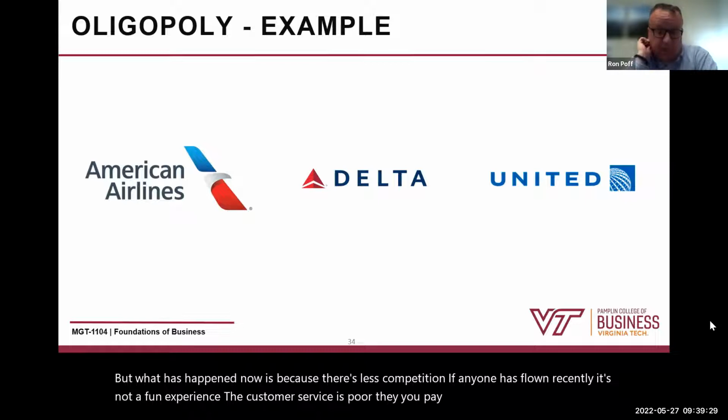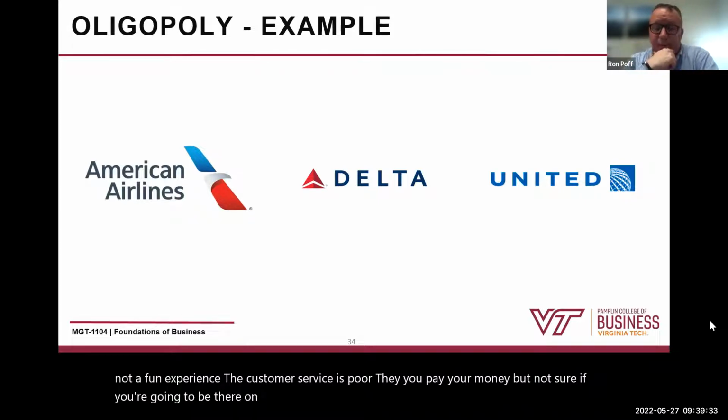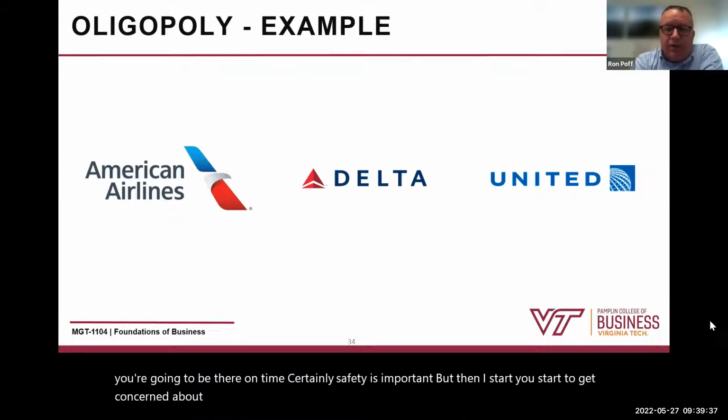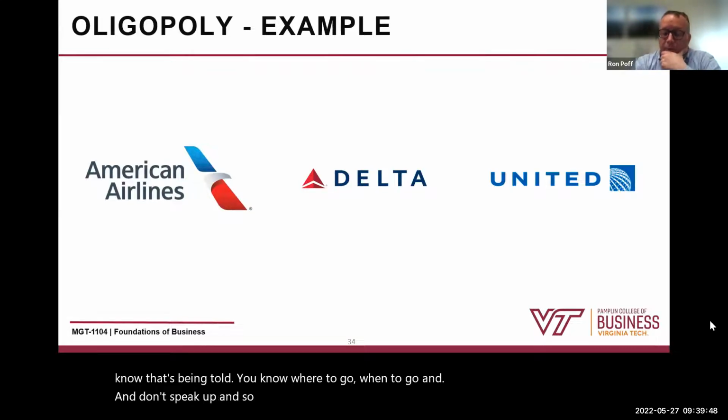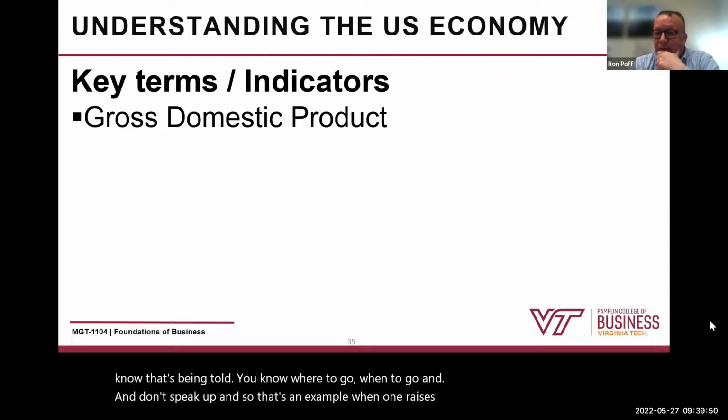You pay your money, but not sure if you're going to be there on time. Certainly safety is important, but then you start to get concerned about that. And if anything, you just feel like you're part of agricultural cattle, being told where to go, when to go, and don't speak up. And so that's an example. When one raises prices, the other will follow.